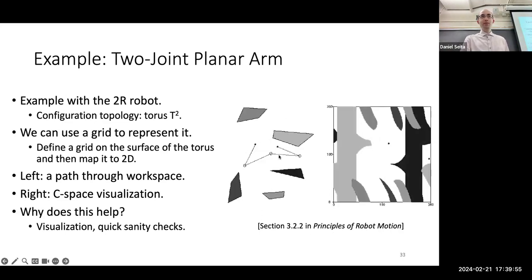All right, now what happens here? Imagine the left is our starting pose and the right is our target pose. The robot has to go from the start to the end. Can it do that?